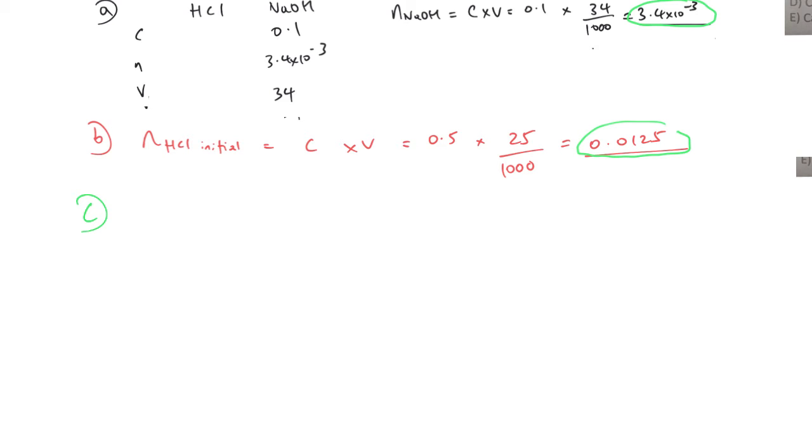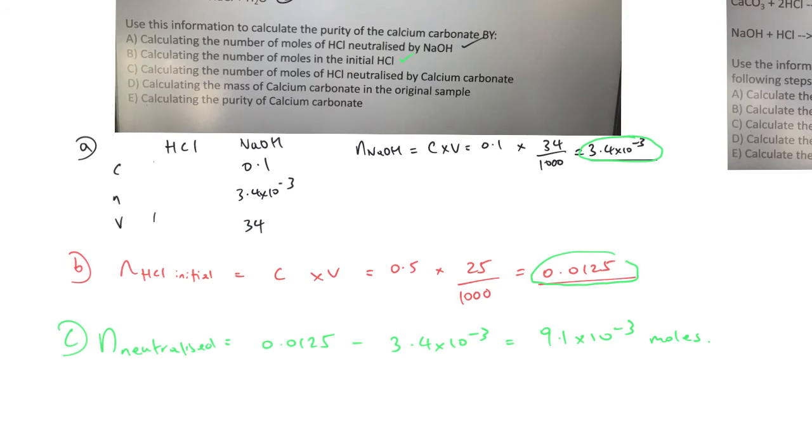So to find my n neutralized, I'm going to take my initial and subtract what was left over, which is going to give me 9.1 times 10 to the minus 3 moles. Brilliant. So far, we've focused only on hydrochloric acid. We've now got to calculate the mass of calcium carbonate in the original sample.